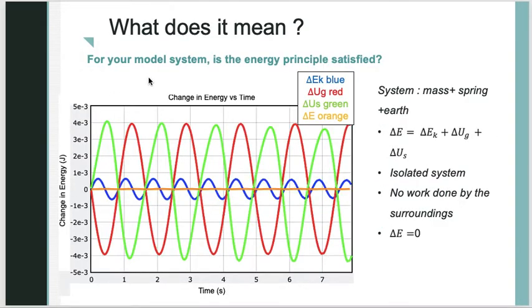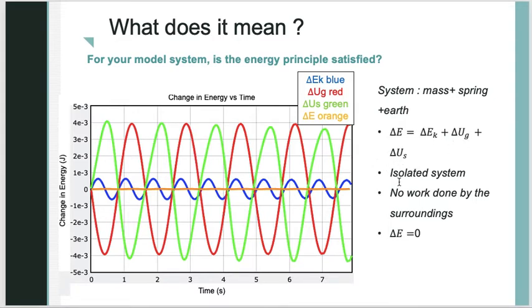Here's the first "What does it mean?" question. For your model system, is the energy principle satisfied? The answer is yes. The system that I choose here is the mass plus the spring plus the Earth. According to the energy principle, we know that delta E is equal to delta EK plus delta UG plus delta US.